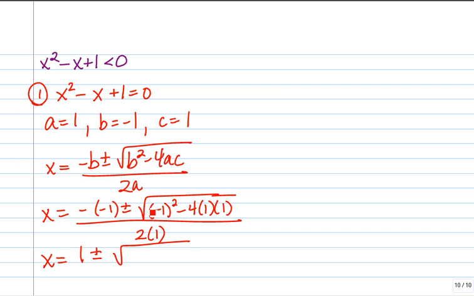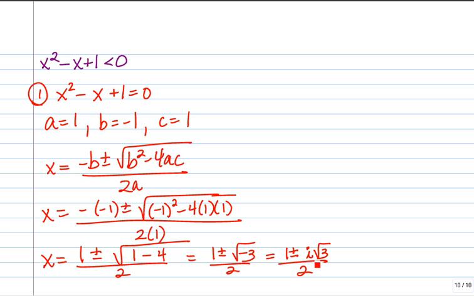Negative 1 squared is 1 minus 4 over 2. So that is 1 plus or minus the square root of negative 3 over 2. But what is that? Yeah, the square root of negative 3 is really i times the square root of 3 over 2. What types of numbers are those? Imaginary. The most important point is that they are not real.